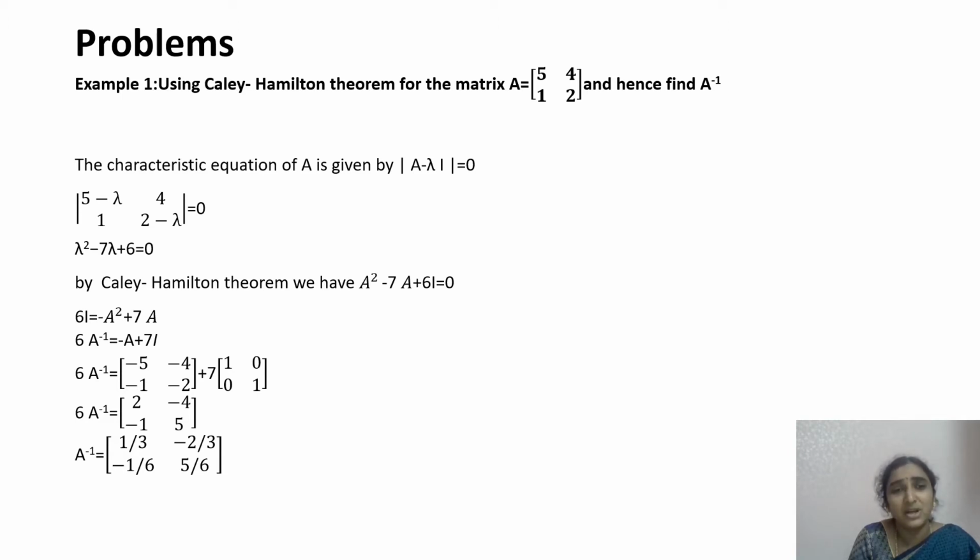Substitute the values for A and I. 6A inverse would be equal to minus [5, 4; 1, 2] plus 7 into [1, 0; 0, 1]. That would imply 6A inverse is equal to [2, minus 4; minus 1, 5]. Hence, A inverse is [1 by 3, minus 2 by 3; minus 1 by 6, 5 by 6].